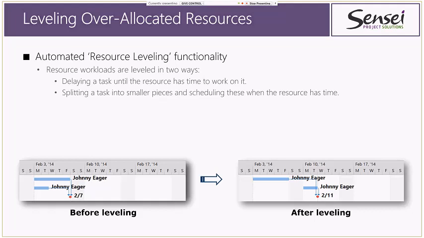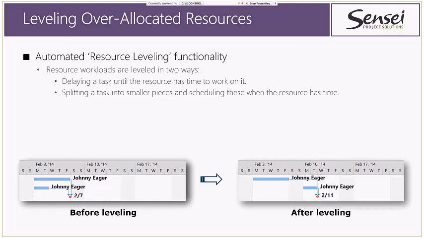That's the one we like. The second option is to split a task and fit it in a long list of tasks. You might have a 40-hour task that you split into 10 pieces, and every Friday afternoon you spend 4 hours on that task. I'm personally not a big fan of that because it doesn't tend to be a good fit for how we do work. But that is the other option, and we'll see where we set that.